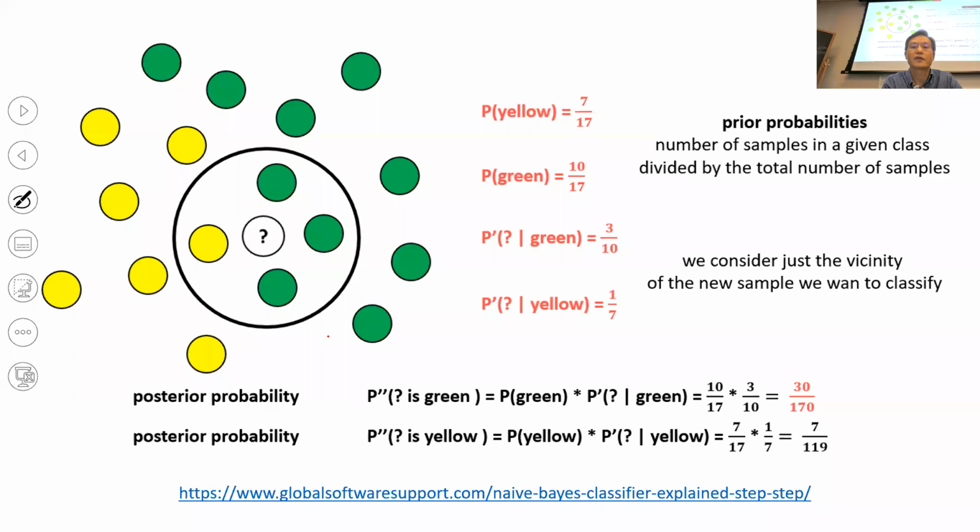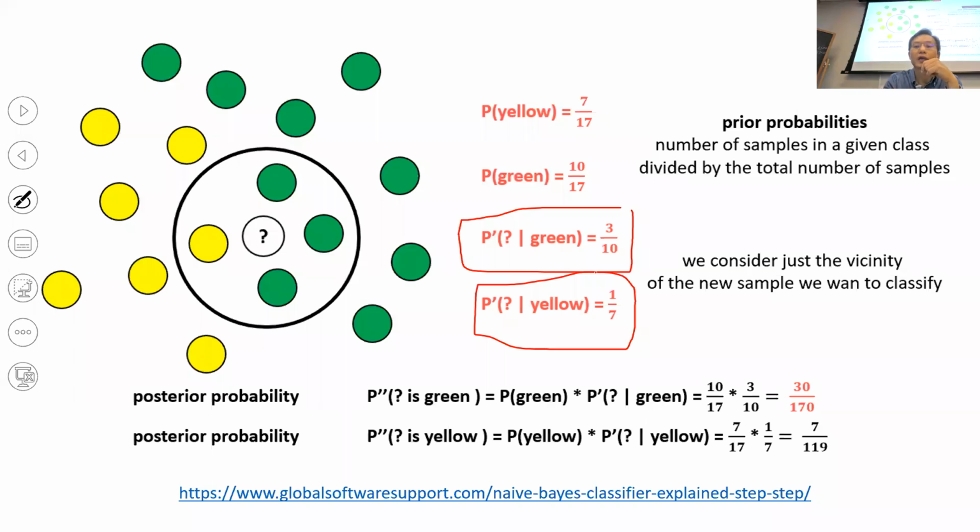Yeah, by looking at the close neighbors, 4 of them, within the 10 green ones, there are 3 neighbors. While in 7 yellows, only 1 is a neighbor of the new data point.